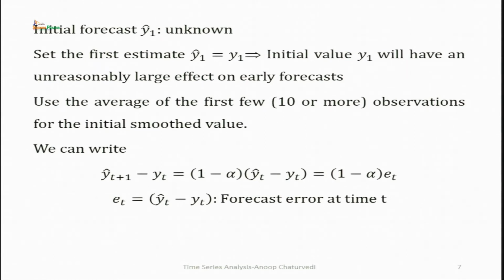Now, we can write y hat_{t+1} = alpha y_t + (1 - alpha) y hat_t.